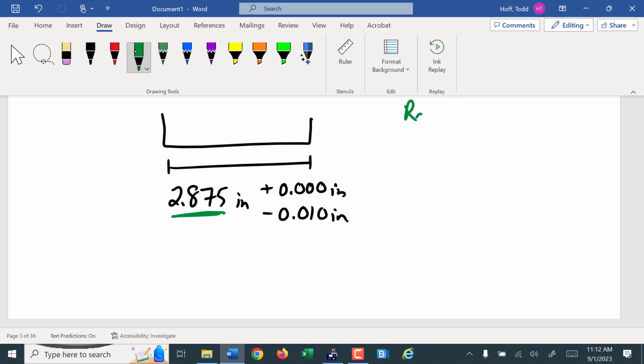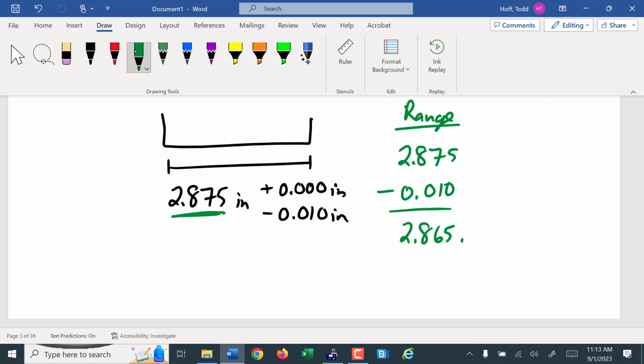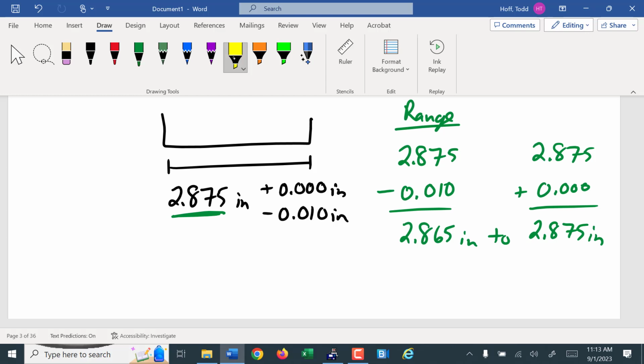So it's going to give us a range again, 2.875 minus the 0.010, which is 2.865 inches, to, well, 2.875 plus 0.000 is just 2.875. So we get that range.